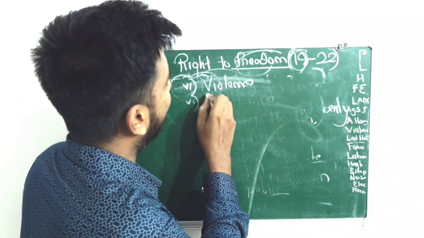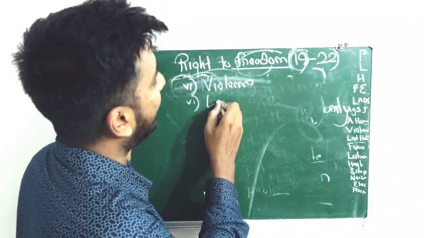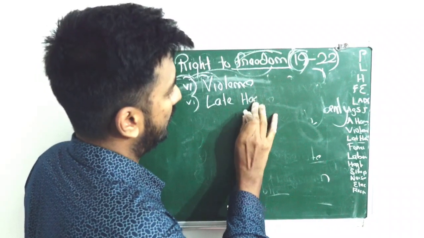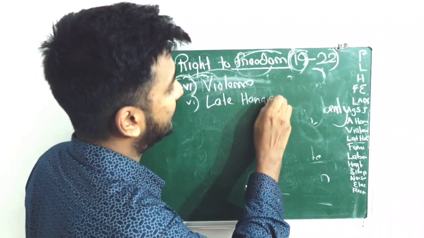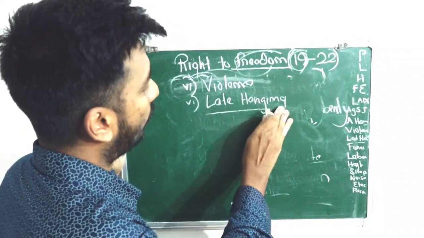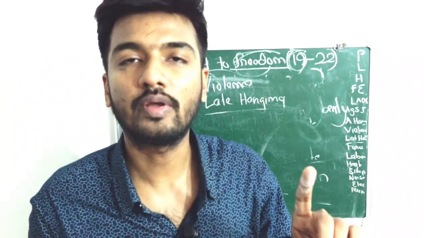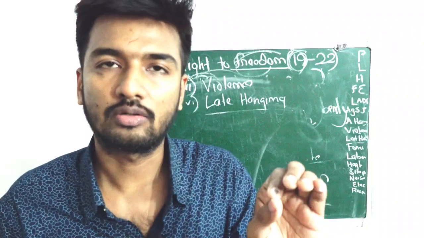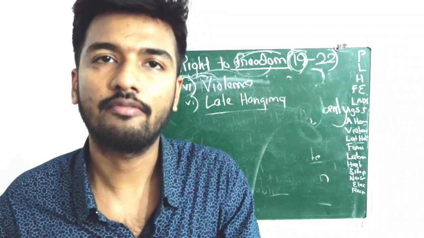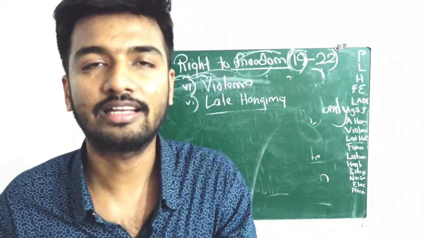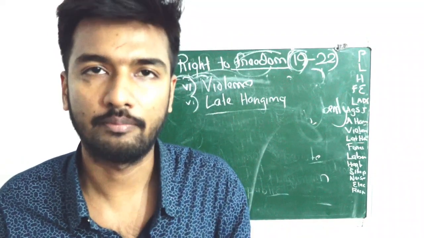Number eighth is right against late hanging. Hanging, what does it mean? It means that when the court gives you a hanging death penalty, the court decides a fixed time for that hanging. Kasab was hanged at a particular point at a particular time.